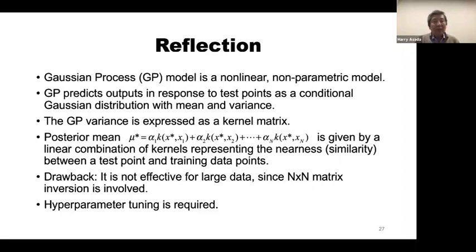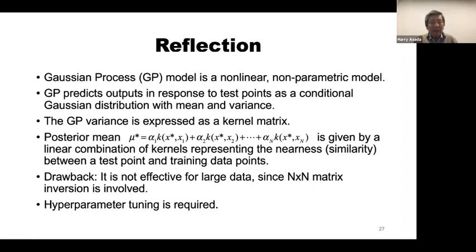The GP variance is expressed with a kernel matrix. The kernel matrix is a very important technique. And the posterior mean expression is given by a linear combination of kernels representing the nearness or similarity between a test point and the training data points which we use.